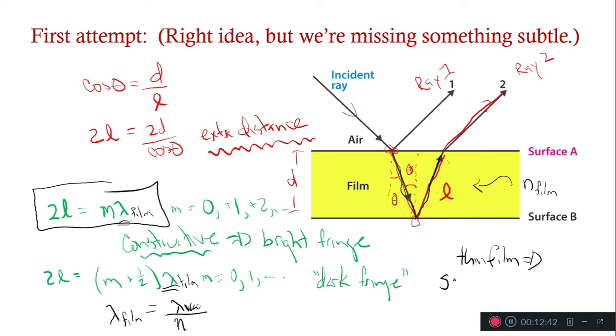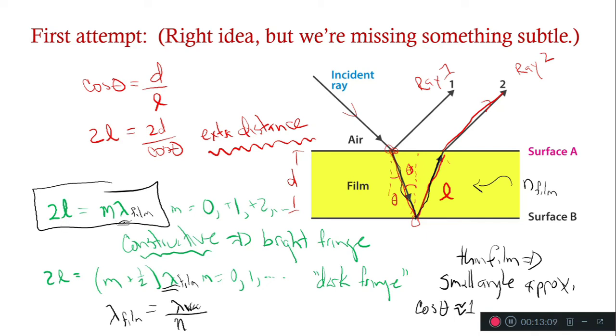A thin film usually lets you make the small angle approximation, which says that cosine of theta, if you know what this means, it's a justification. If you don't know what this means, don't worry. The small angle approximation for cosine of theta is that cosine equals 1. So basically, in this case, 2L, or 2D, is m lambda film.